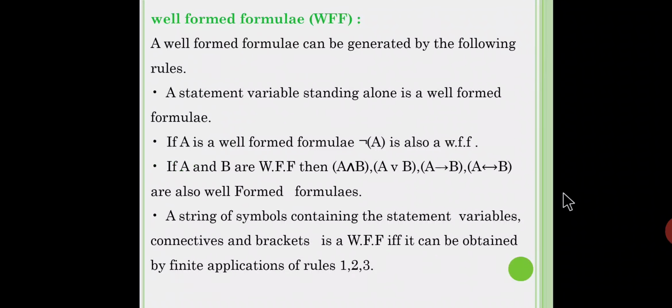Next one, well-formed formula. A well-formed formula can be generated by the following rules. First one, a statement variable. Statement is nothing but proposition. A statement variable standing alone is a well-formed formula.